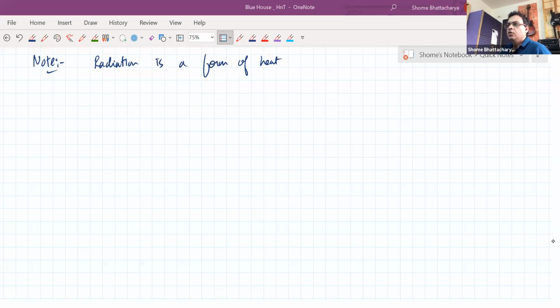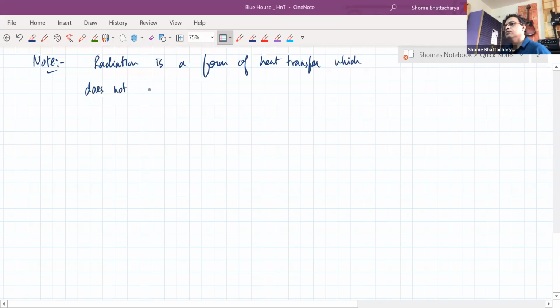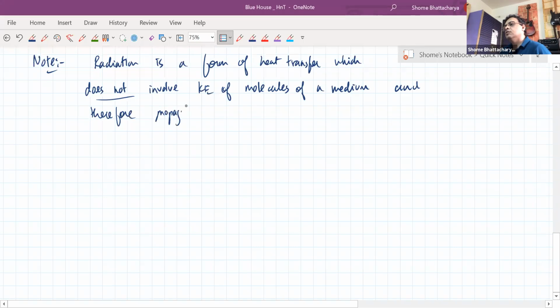So we'll come back to this point. Let me finish writing down this point, then you can write down everything together. So radiation is a form of heat transfer which does not involve the kinetic energy of the molecules of a medium, and therefore propagates through the vacuum of space.